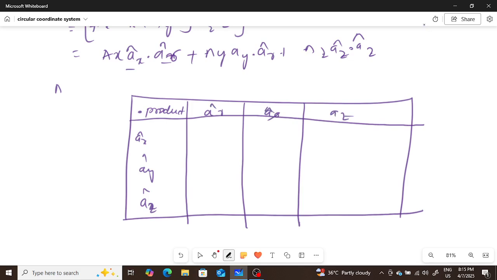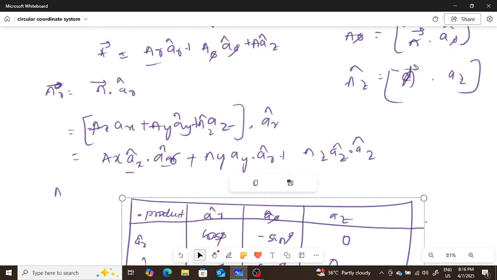AX dot AR is cos phi. AX dot A phi is minus sin phi. It all has a derivation, but that is not required. AX dot AZ is 0. AY dot AR is sin phi. AY dot A phi is cos phi. AY dot AZ is 0. AZ dot AR is 0. AZ dot A phi is 0. AZ dot AZ is 1.